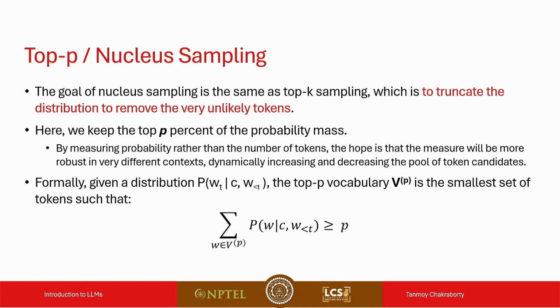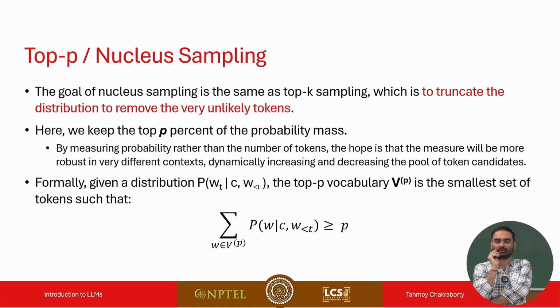You say, look, my cumulative probability threshold is 0.6, and I will start from the highly probable word, then the next one, and keep adding the top probabilities and choosing the corresponding words until the threshold is met.